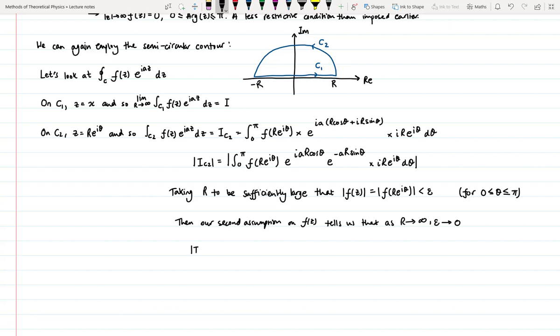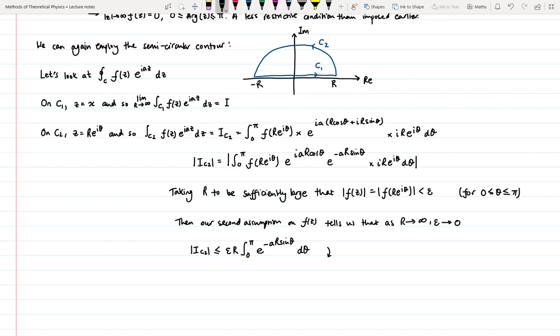Returning to the absolute value of IC2, this is now upper bounded by epsilon, which we can take out of the front, and we can also take r out of the front. We're left with the integral from 0 to pi of, and then the e to the I a r cos theta has unit modulus, and we can also ignore the I e to the I theta on the right hand side, and the remaining terms give us e to the minus a r sine theta d theta.